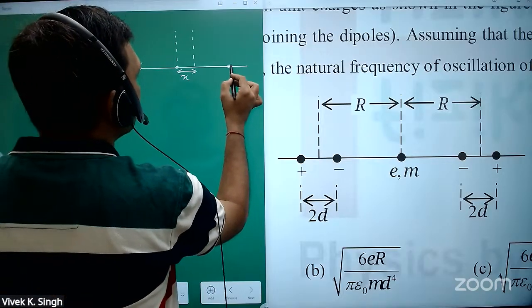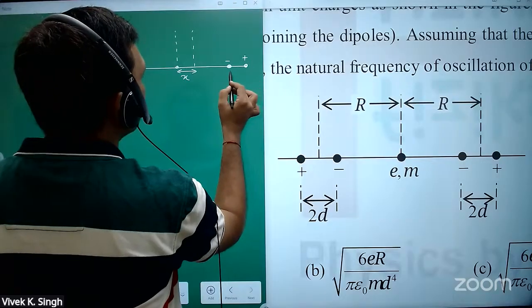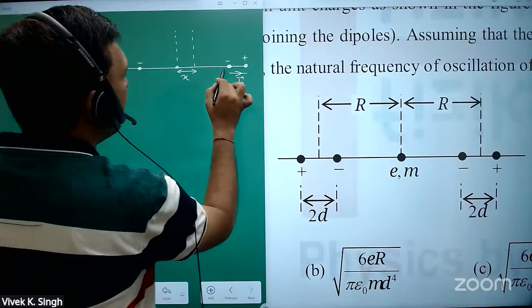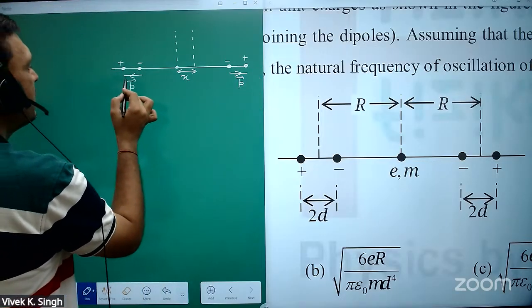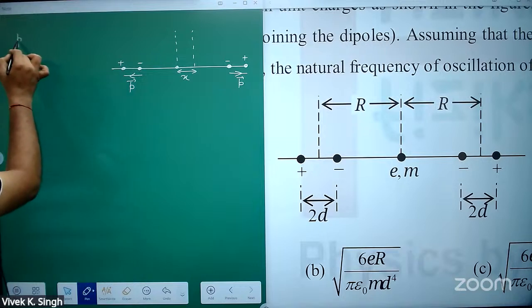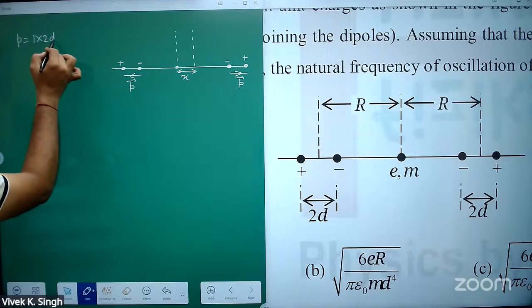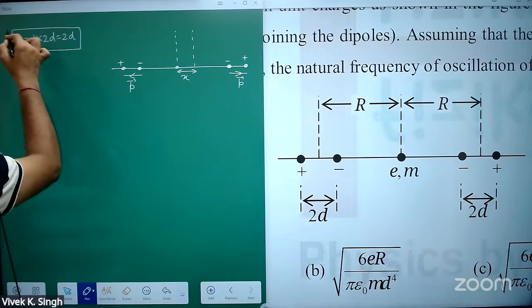This is another dipole, you have minus plus. The dipole direction is from negative to positive, so this dipole is in this direction. The dipole moment magnitude is unit charge times 2d, because the charge is given as 1 unit.